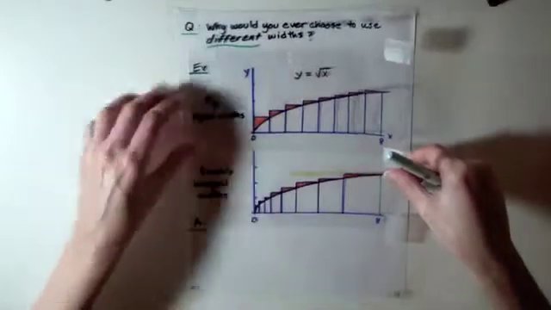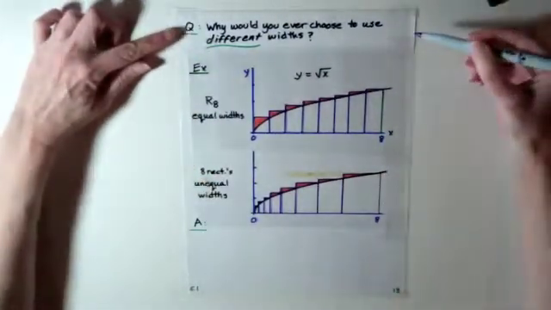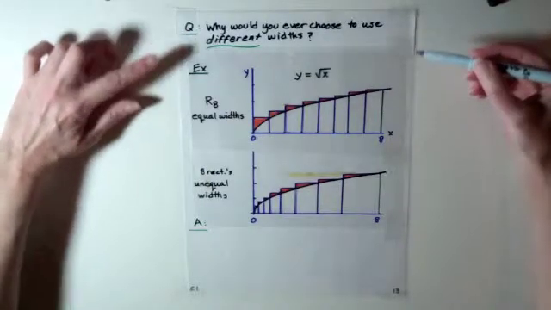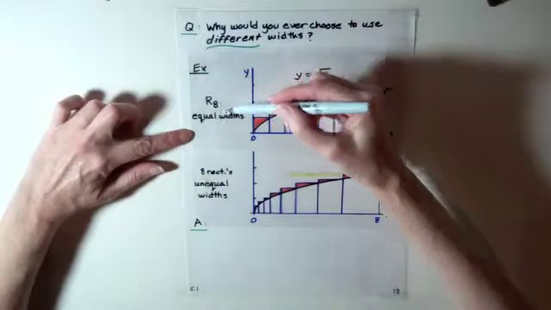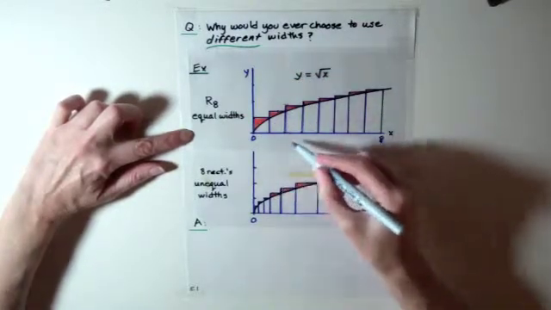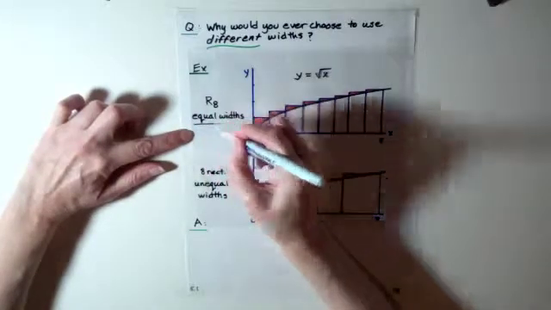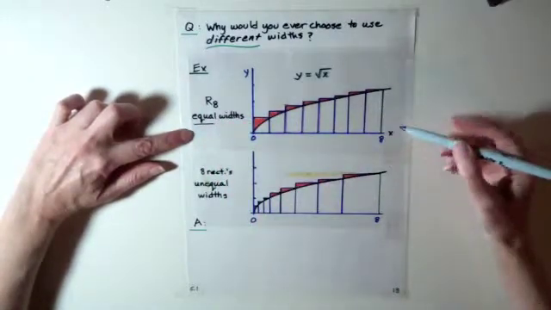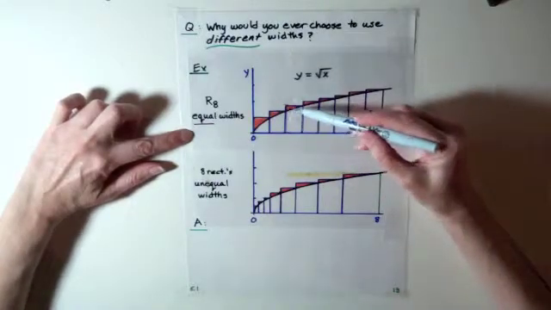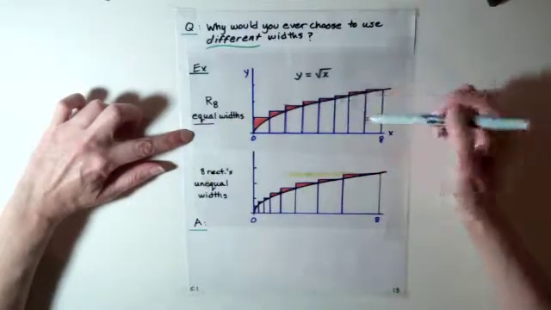So if you turn to the next page, it has that question at the top. Why would we ever choose different widths? It seems difficult. Here was our picture with R8, where I'm using the right-hand endpoint on each subinterval, and you notice that all of the widths are the same. So this is the picture with equal widths. And this orange part here, or red, I'm not sure what color that is, this is the error.